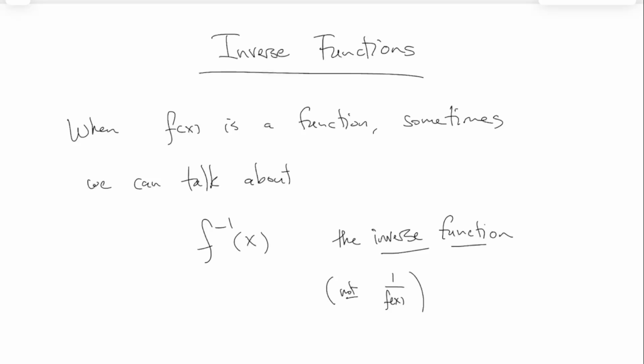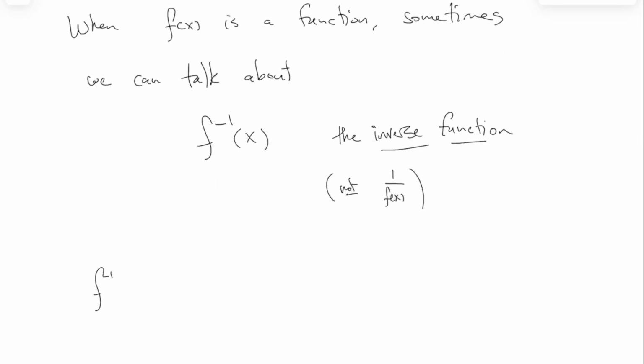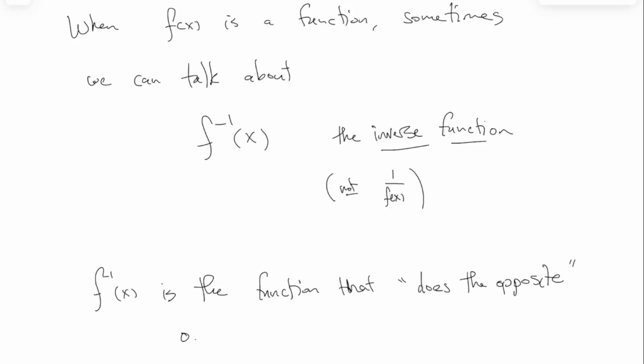It's the inverse function. And what it means is, f inverse of x is the function that, I'll put this in quotes, does the opposite of f of x, or maybe cancels f of x. That's the meaning of f inverse of x.